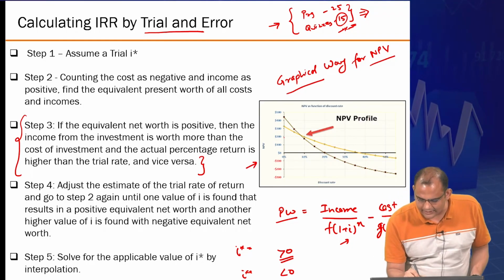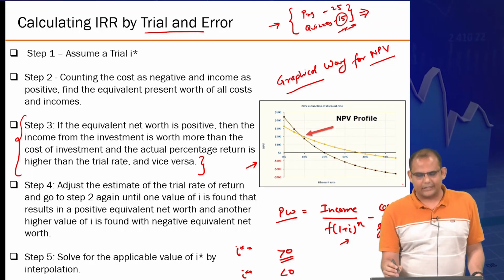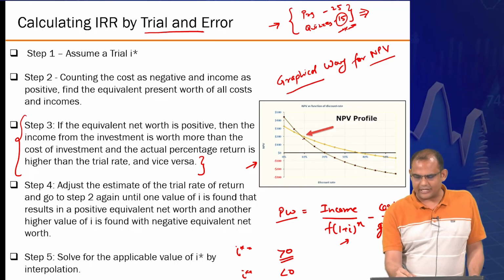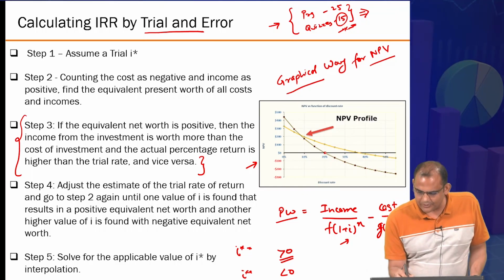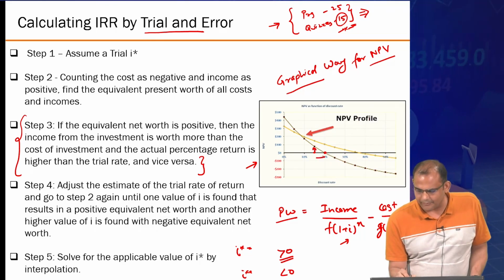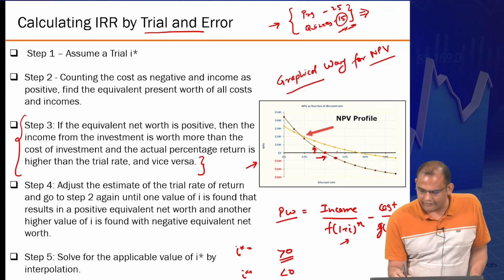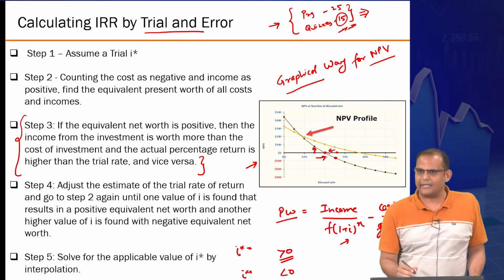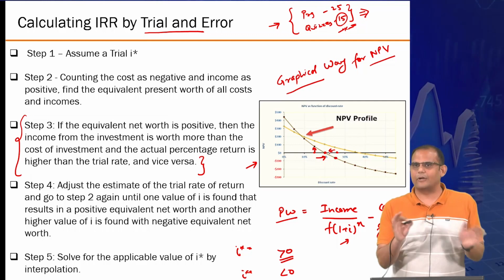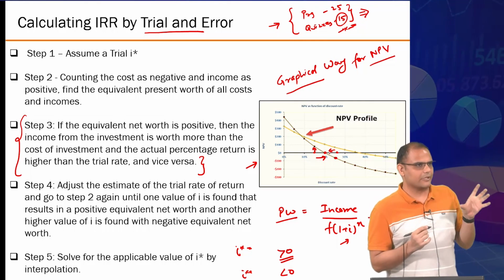Another way to look at it is the graphical way: NPV versus the rate generally looks like such a profile. When you are approaching 0, if you have a positive value at any assumed i, it means you have to go slightly forward. If you get a negative NPV at a particular i, it means you have to go slightly back, in order to estimate where exactly NPV is equal to 0.